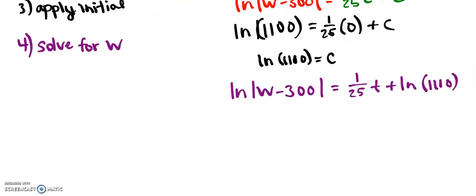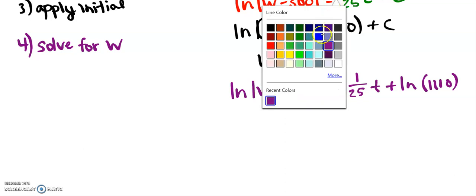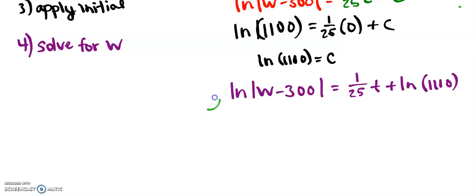In thinking about the absolute value bars, we know that whatever is in here is going to be a positive number because W is greater than or equal to 1400. We're talking about tons for W, and we wouldn't ever have negative weight in terms of the tons. So from a real world application standpoint, we know that we're good to drop those absolute value bars.